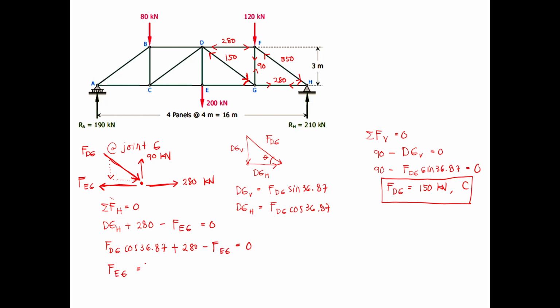So FEG is equal to 400 kilonewtons. And again, since it's moving away from the joint, it is in tension. So this is in tension, 400. So we already solved the three components the problem is asking for.